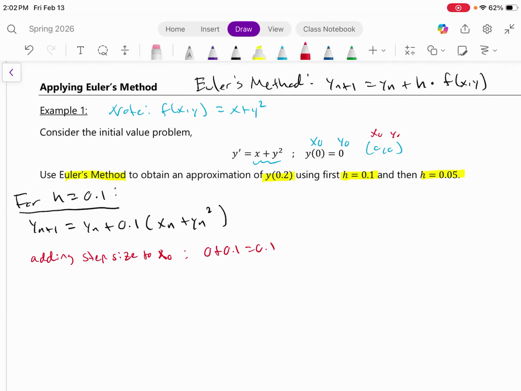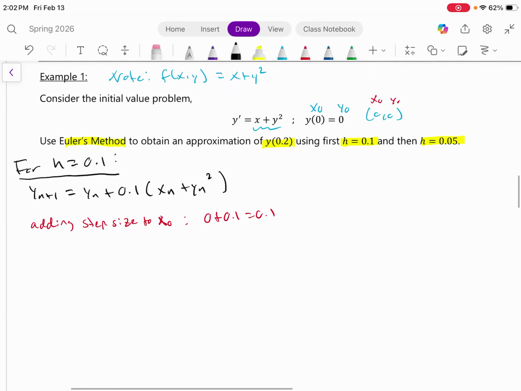We won't say this all the time, just trying to give us a better idea of how this works. Our next approximation would be y1, and that is approximately y of 0.1. That's the y value I'm trying to find in my next approximation.